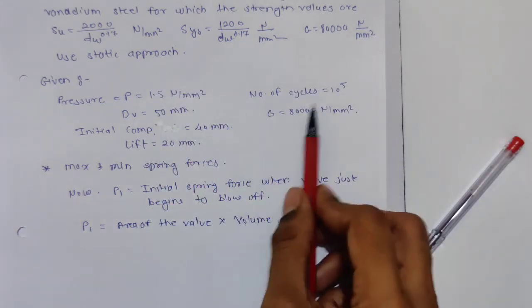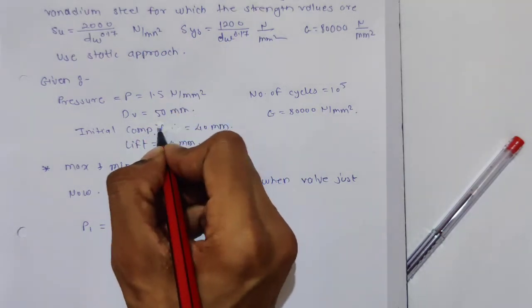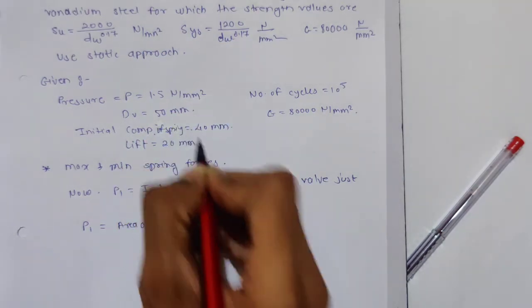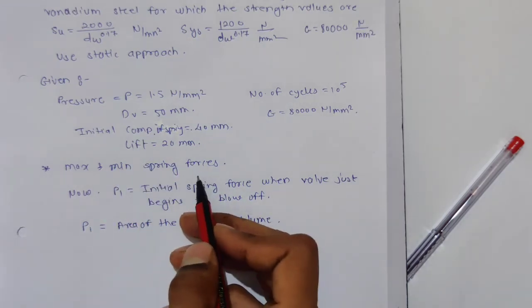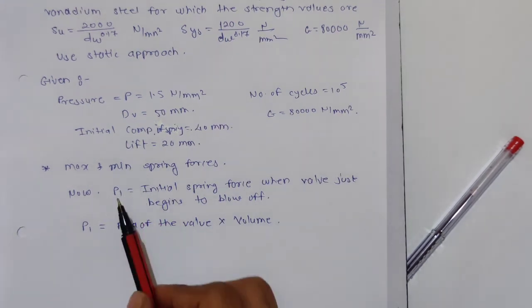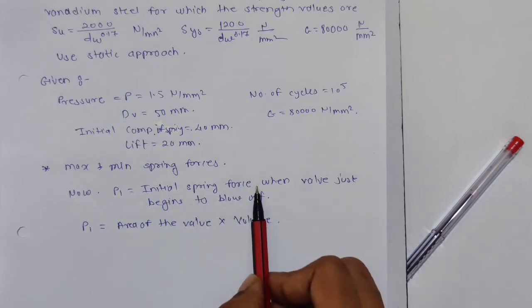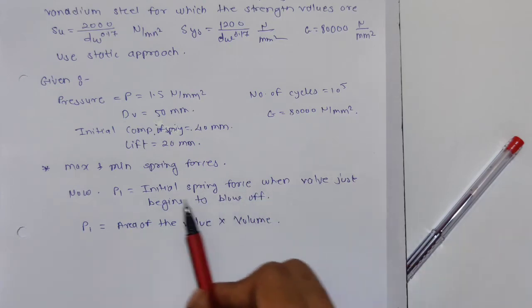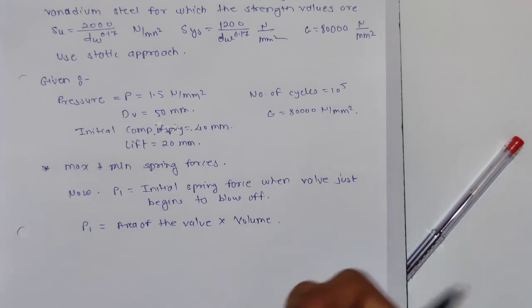Now G is given, initial compression of spring is 40 mm, lift is 20 mm. Now maximum minimum spring forces. Alright, so when we are having P1, we are just considering P1 as initial spring force. When this wall just begins to blow off, means it is just started to compress the spring further.